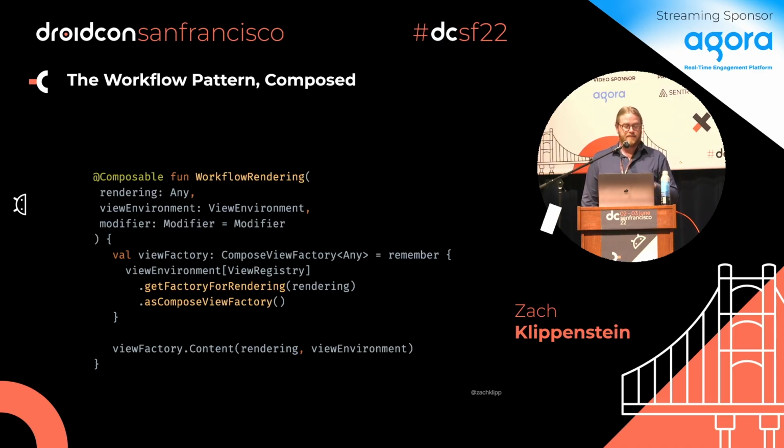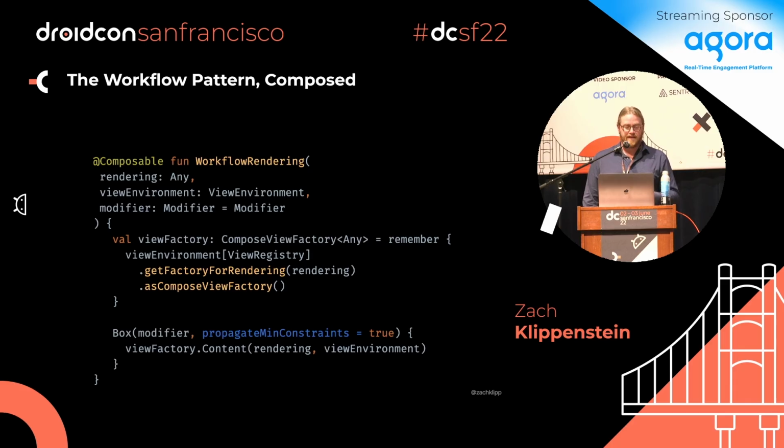We also need to apply the modifier to the content somehow. So let's wrap that content call in a box and pass the modifier to the box. This propagate min constraints parameter might look a little strange. I haven't seen a lot of examples using it, but it's important here that we tell the box to propagate the minimum constraints that it's getting from the layout system, because by default, box will behave kind of like wrap content size, the modifier.